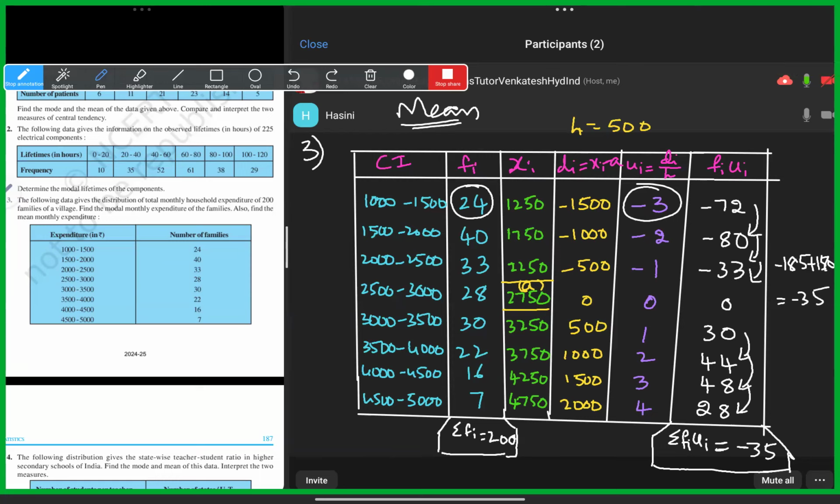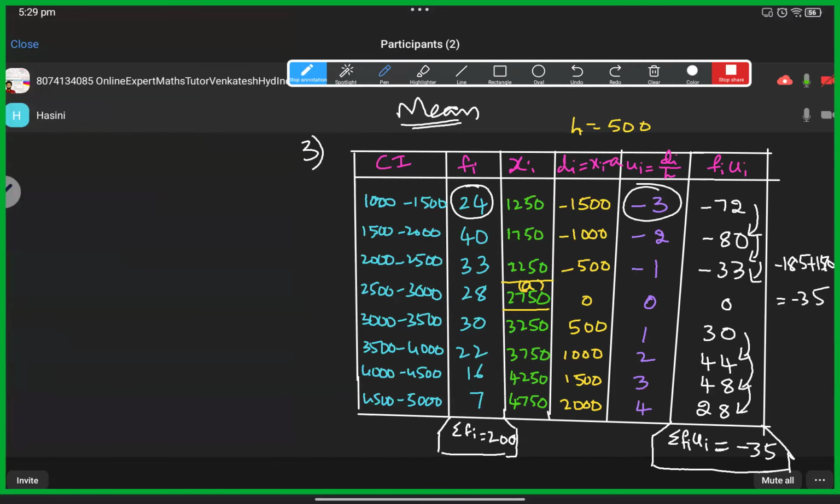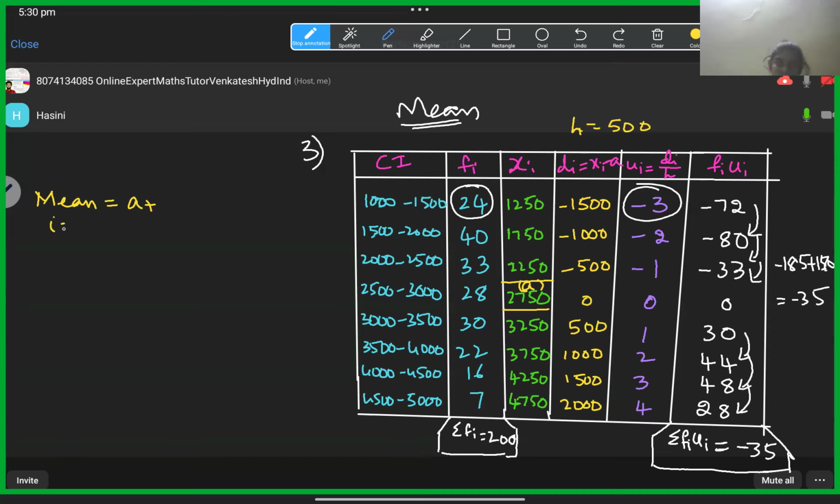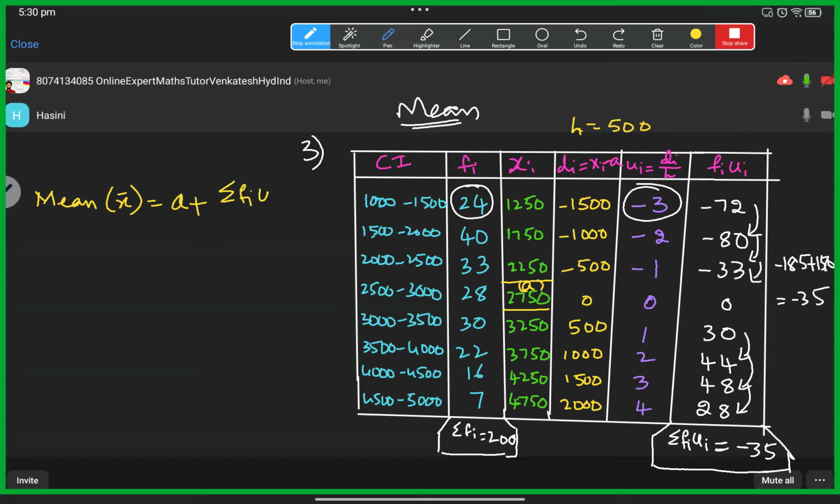Now we will apply the formula. Mean by the step deviation method: x bar is equal to A plus sigma fi ui by sigma fi into h.